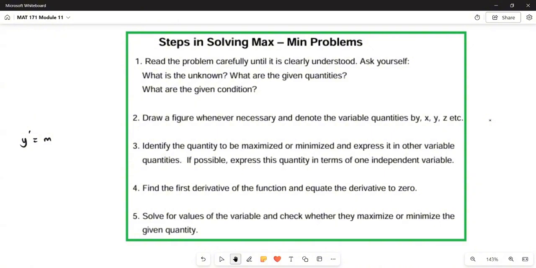That's why we equate it to 0. When we equate it to 0, the values we get are at the maximum or minimum point. So hopefully it's clear why we equate to 0.